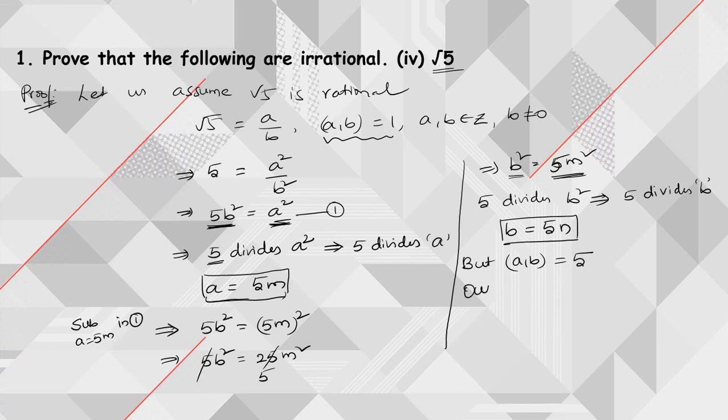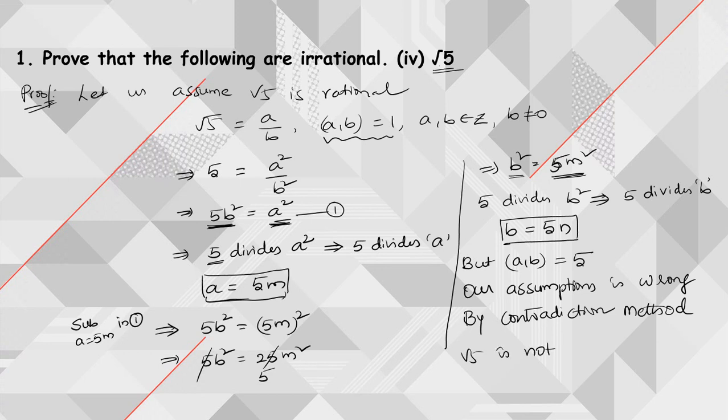So our assumption is wrong. From this we can say, by the method of contradiction, that root 5 is not a rational number. Root 5 is not a rational number.